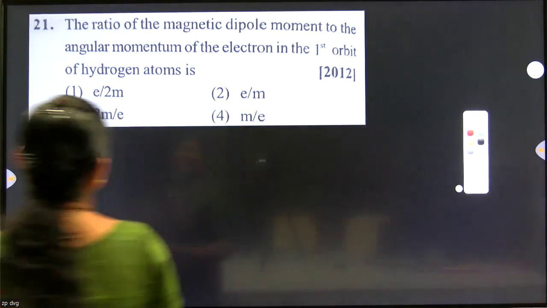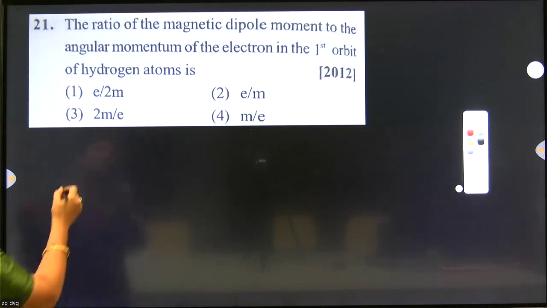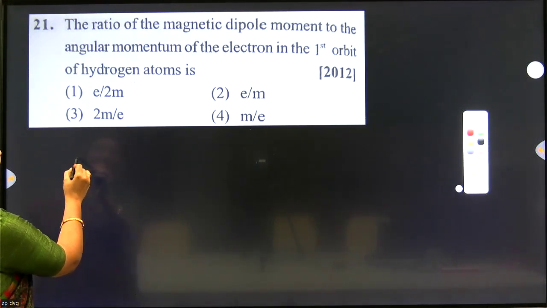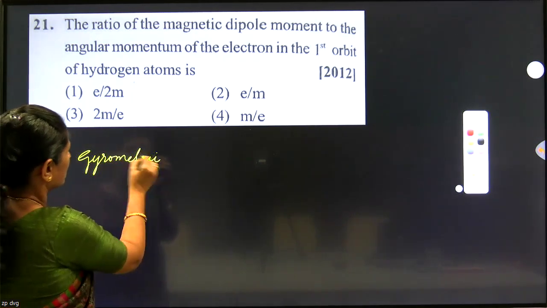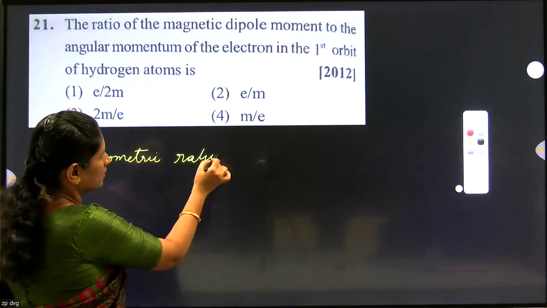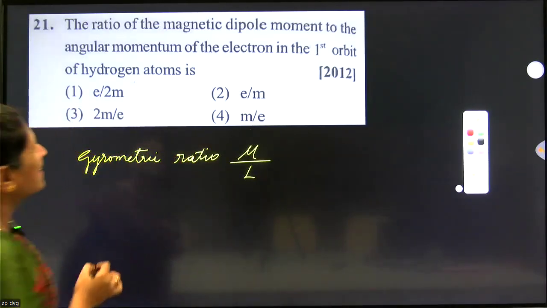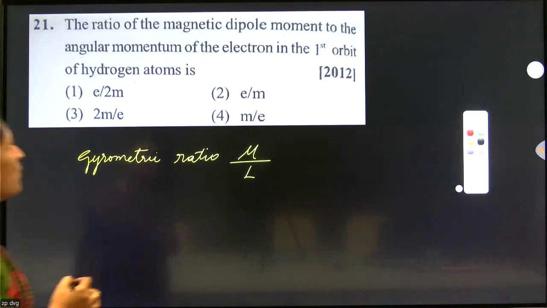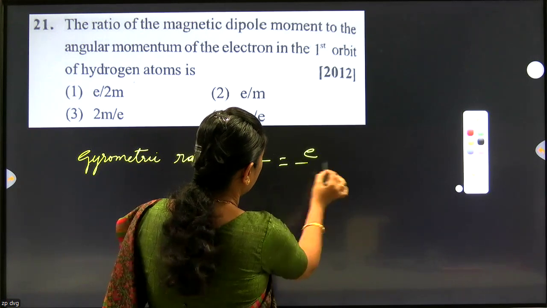The ratio of the magnetic dipole moment to the angular momentum of the electron in the first orbit of hydrogen atom is, we know, the gyromagnetic ratio, that is the ratio of magnetic dipole moment to angular momentum of the electron in its orbit, equal to e by 2m.